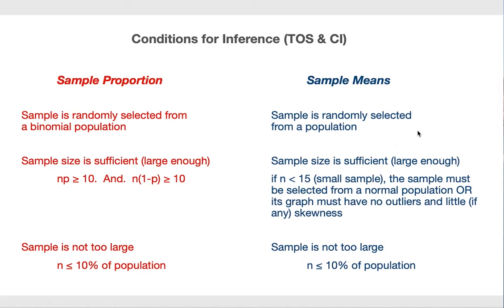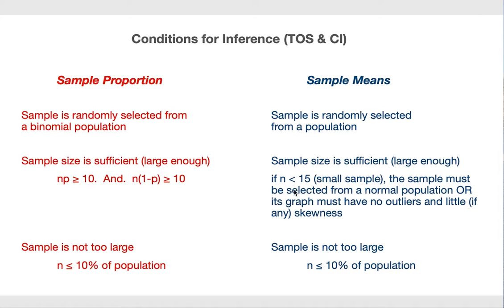And then the week before we went on break, we started looking at averages or means, sample means. Just to remind you of what the different conditions were, we want to make sure the sample is randomly selected from the population. We want to make sure the sample size is sufficient.